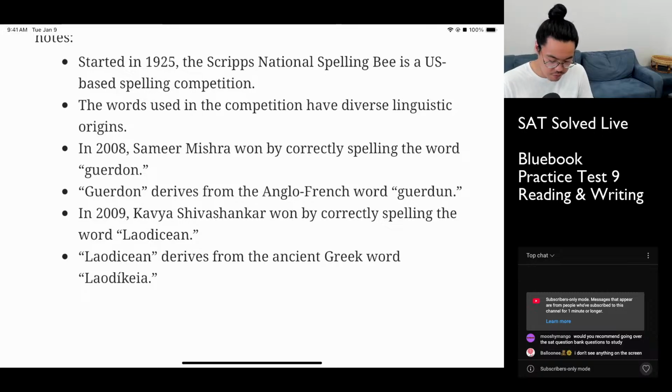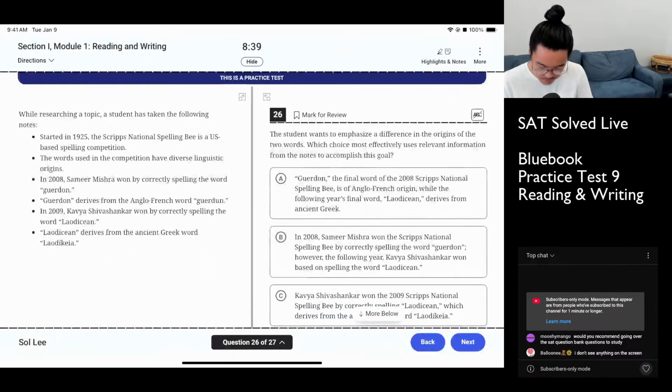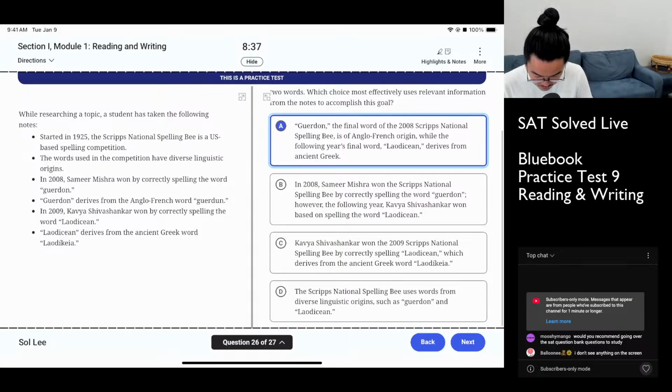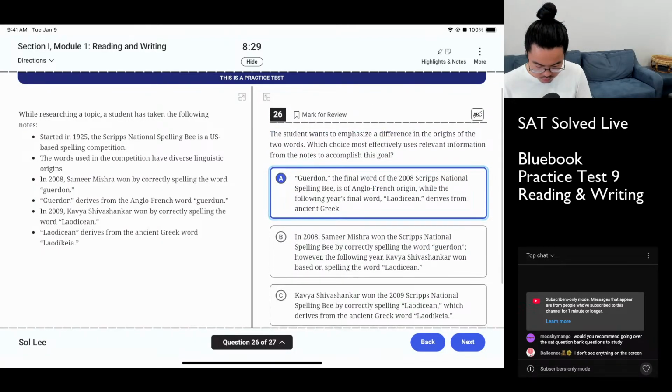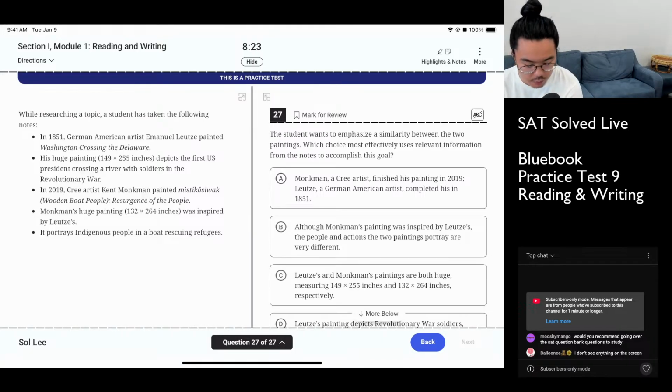So we're talking about the Anglo-French and the Greek. Guerdon versus Laodicean. Guerdon is Anglo-French, while Laodicean is ancient Greek. I do not need to check the other ones because that's literally my prediction. And I'm just quickly double checking to see if the 2 words come out anywhere else, but that has to be the correct answer.